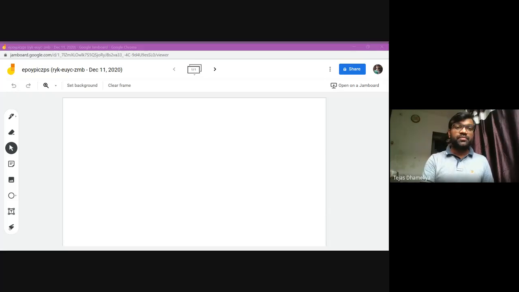Then the question comes: what are the other properties of molecules? Among them, we have seen the melting point. If somebody asks what melting point is, never define it as the temperature at which a compound starts melting.